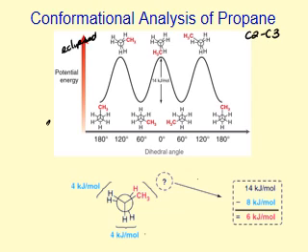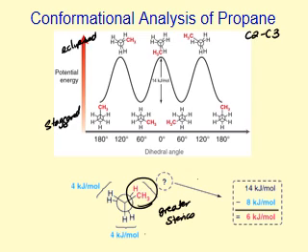The difference in energy between these two forms is 14 kilojoules per mole, and that additional difference is because you will have greater sterics when you have an overlap of a methyl with a hydrogen instead of just a hydrogen with a hydrogen. So this is going to have greater sterics, and hence the eclipsed conformation will be higher in energy.